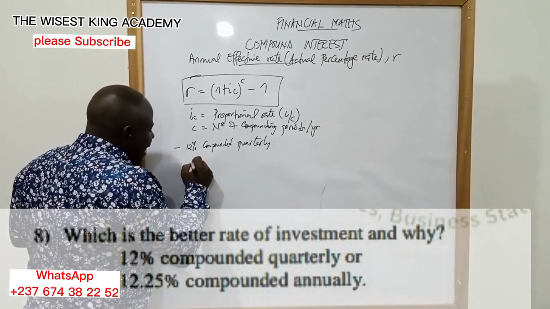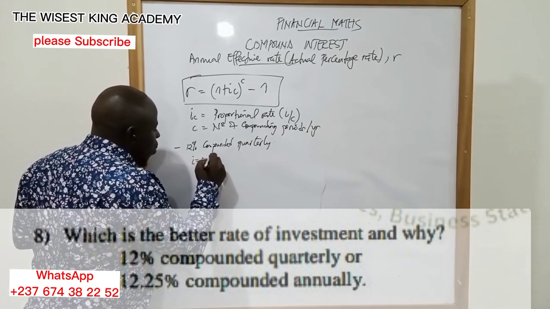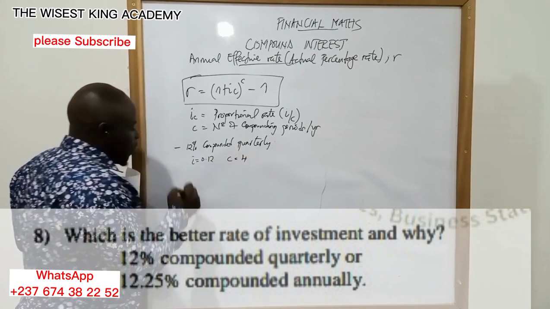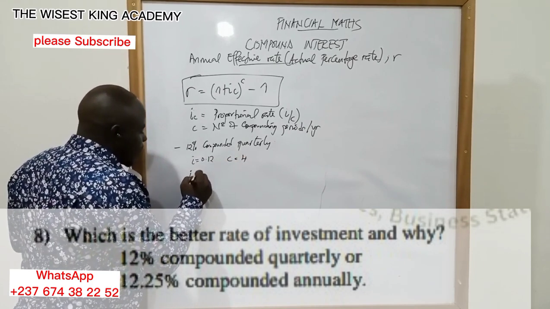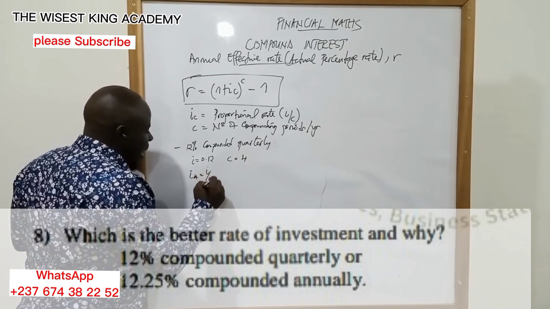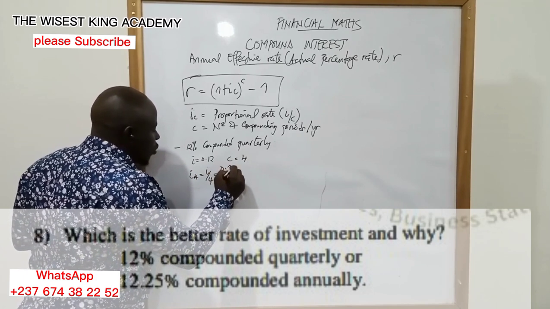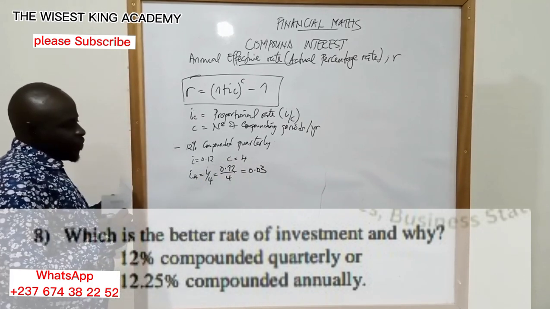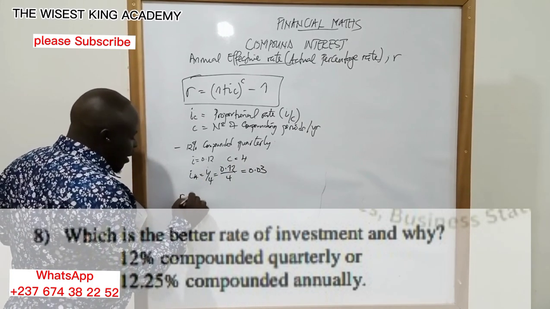So our I here is equal to 0.12, which is 12%. Our C is equal to 4. So we need to calculate our I4, which will be I divided by 4, 0.12 divided by 4, 0.03.